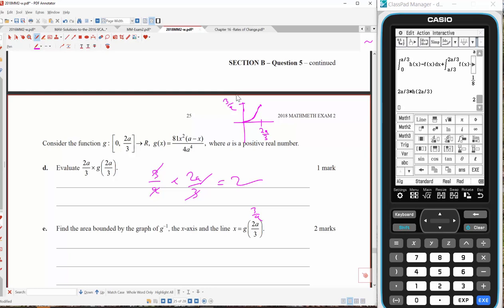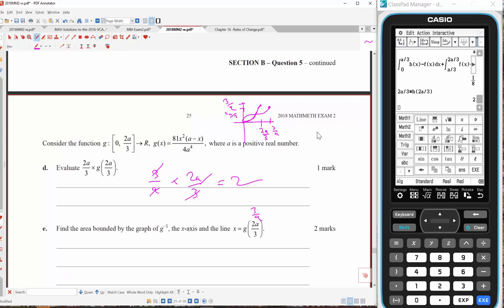All right, so what would happen is that would be 3a, this would be 2a on 3, and our function would do something like this. So there's our inverse function, and its endpoint would be 3 over a, comma 2a on 3.